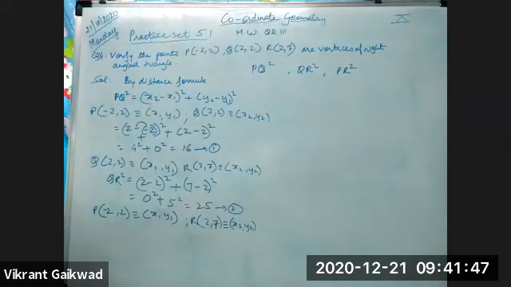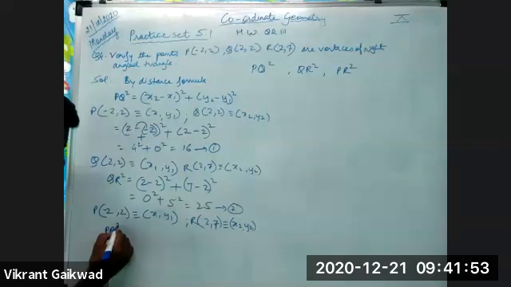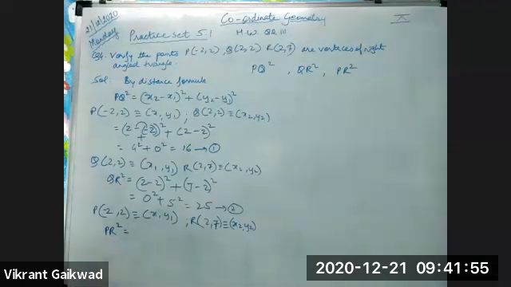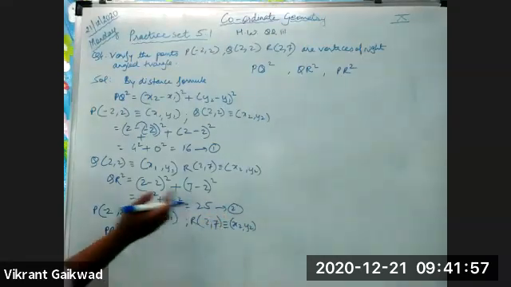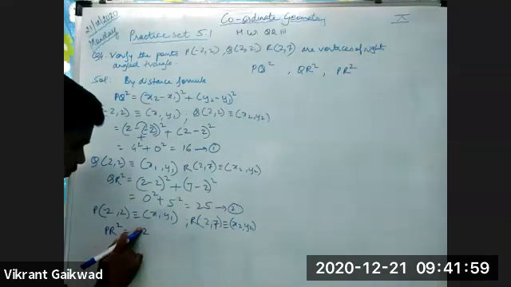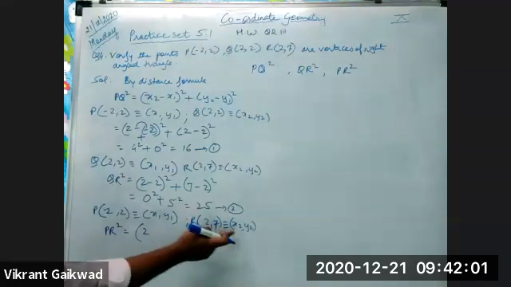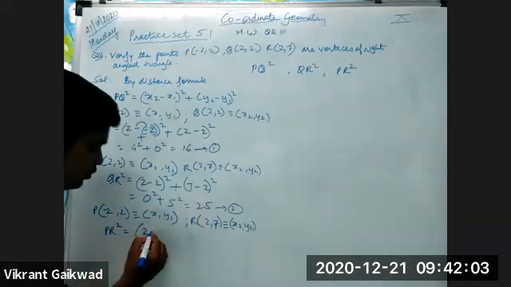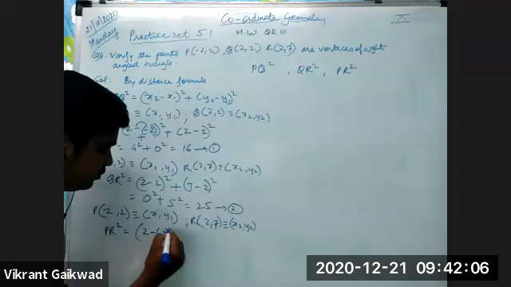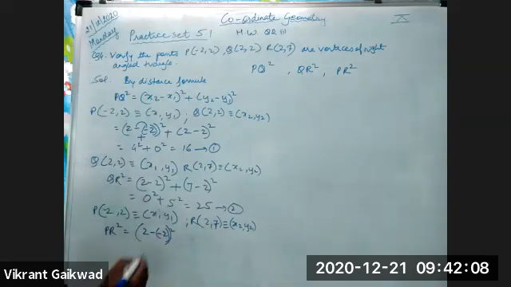Is this clear to all the students? So what we'll do is we'll find PR square. x2, 2. Sorry, I put minus 2. Now, what is x1? Minus 2. So 2 minus of minus 2, the whole square. And here, minus and minus is going to become plus.